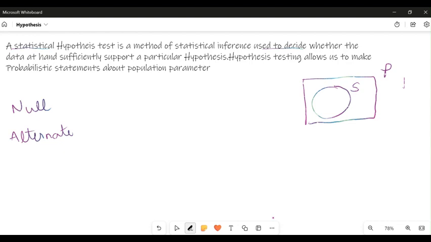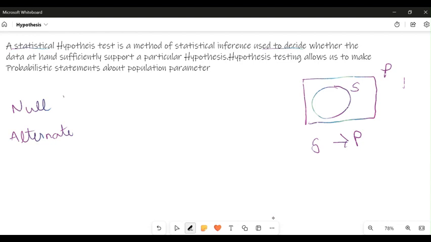If you want to do a survey of people, you can't get the data directly from each and every member of the population. So you collect a sample from the population, analyze it, and infer about the population based on the sample data. At that moment, testing of hypothesis comes into the picture.